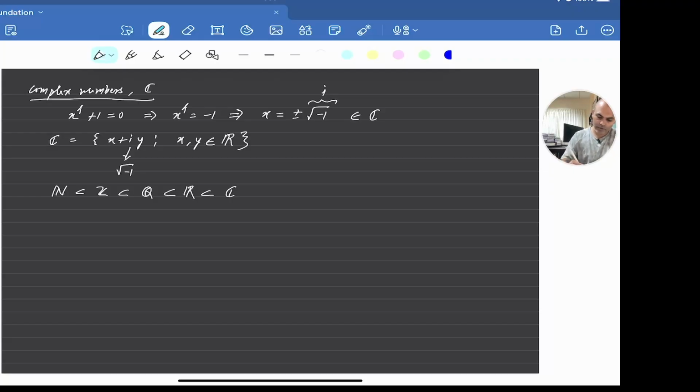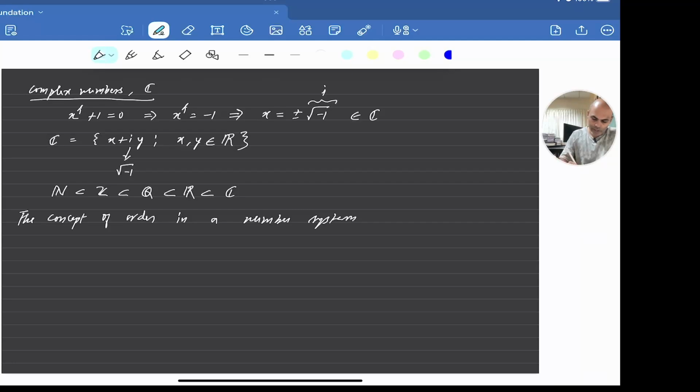There is a concept which we need to discuss. It is called order in a number system. The concept of order in a number system. So if you take any two numbers that are natural numbers, integers, rational numbers, or real numbers, we can tell one number is either greater than another number or smaller than the other number.